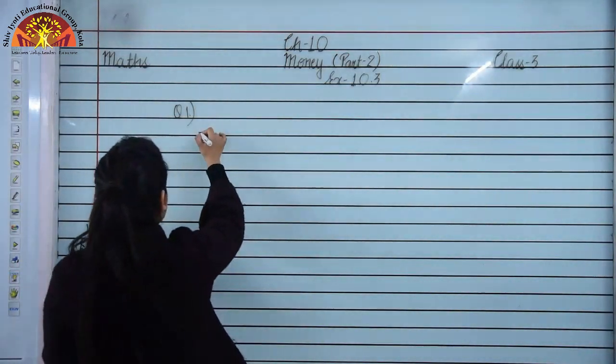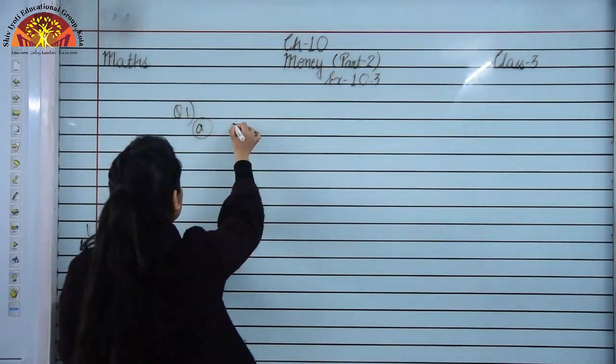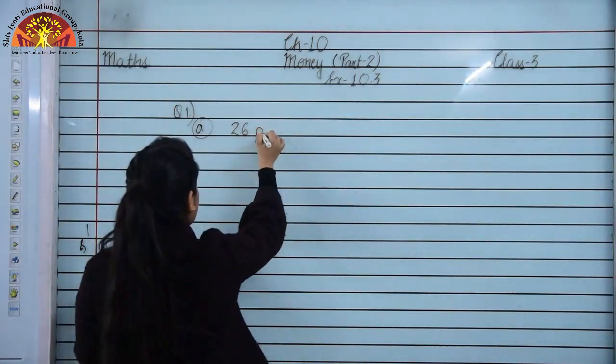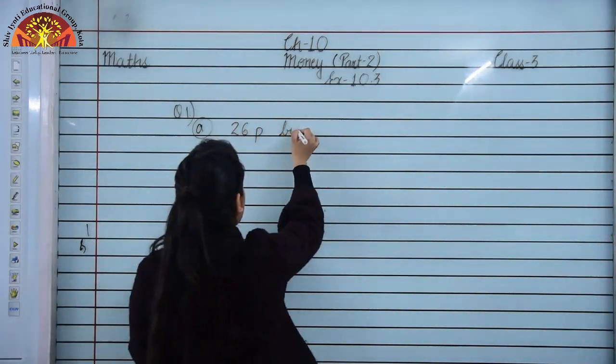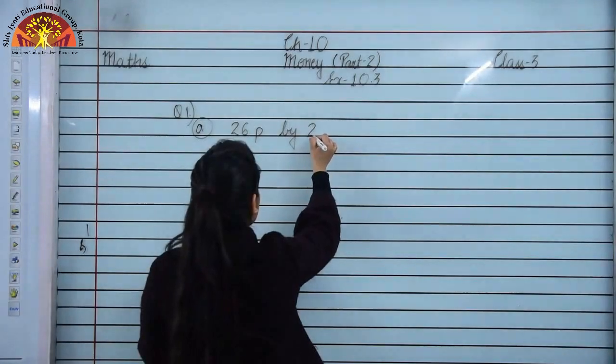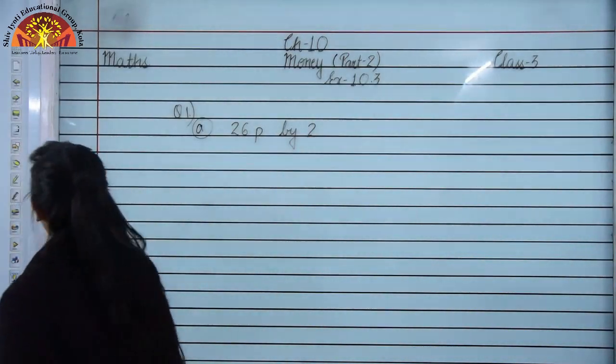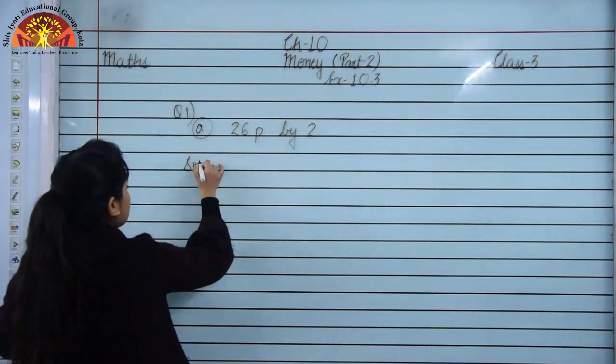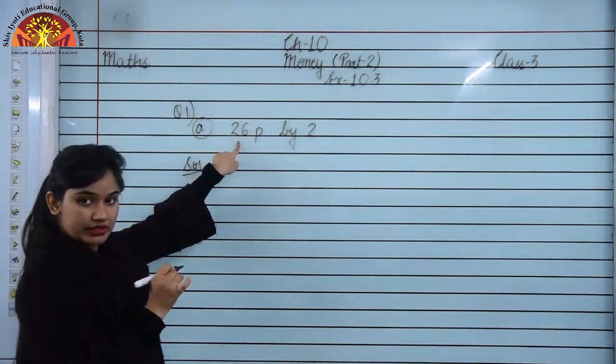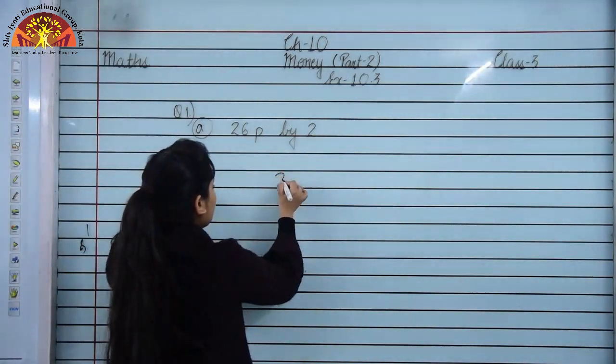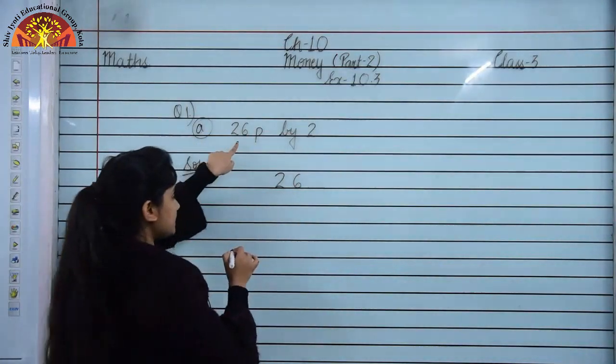So I am taking A part, 26 paise by 2. First we will write this 26 paise, and now we will multiply this 26 paise by 2.